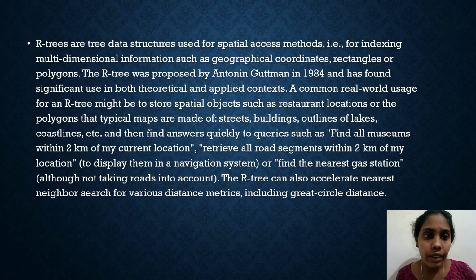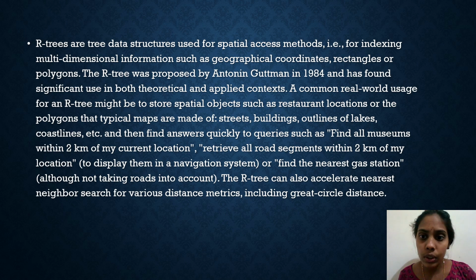R trees are tree data structures used in spatial access methods for indexing multidimensional information such as geographical coordinates, rectangles, or polygons. The R tree was proposed by Antonin Guttman in 1984 and has found significant use in both theoretical and applied contexts.